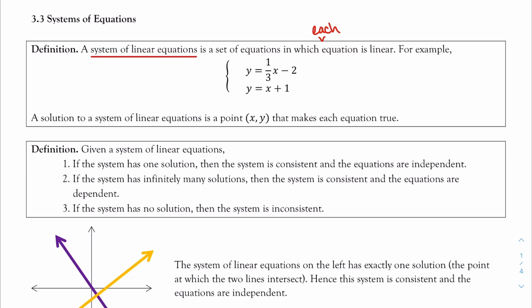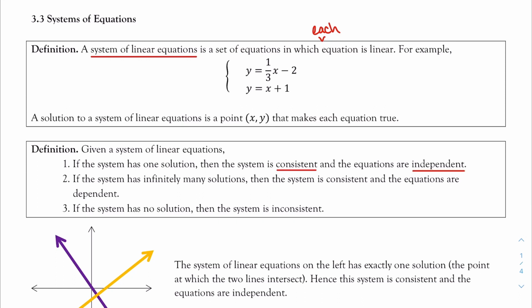So, now that we know what a system of linear equations is, another definition is, what does it mean to be consistent, independent, inconsistent, dependent? If I have a system of linear equations, we have one of three scenarios.